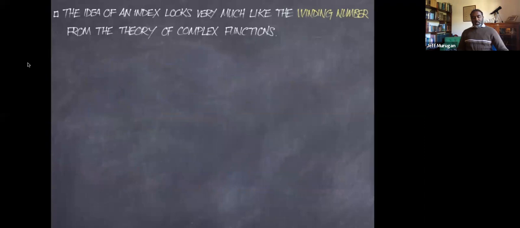So finally, let me point out before we close for the day that this idea of the index, for those of you who've done this in complex analysis, is suspiciously similar to what one would call the winding number in the theory of complex functions. So what do I mean by that?